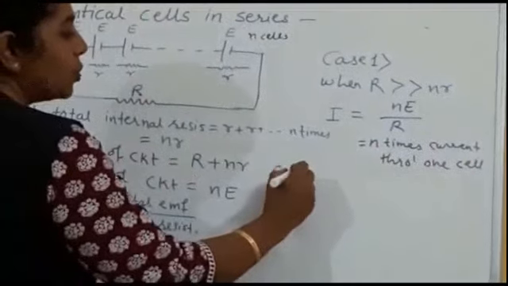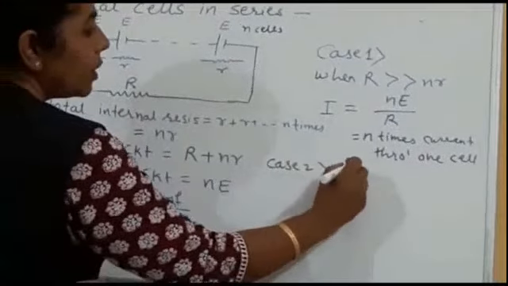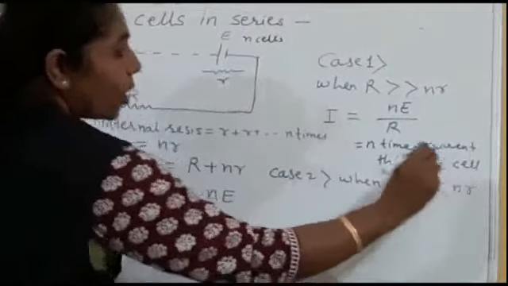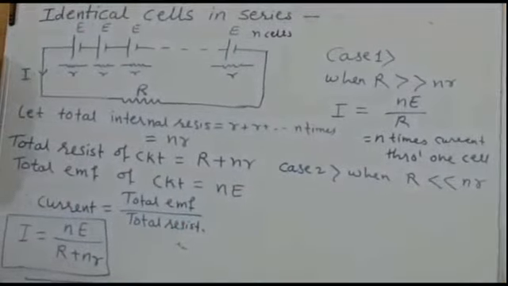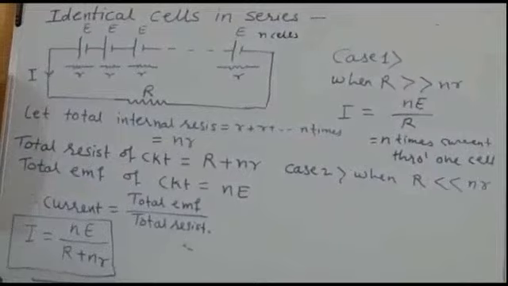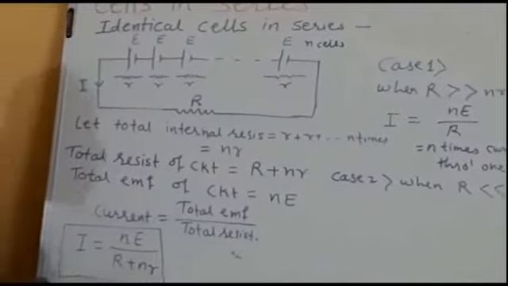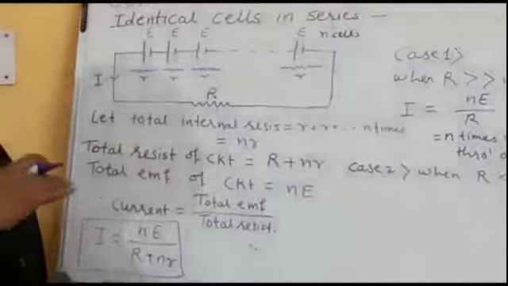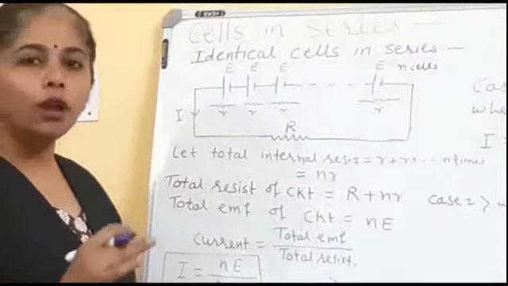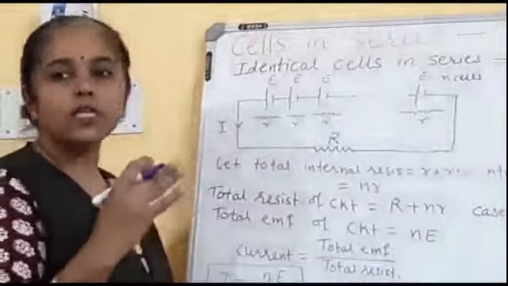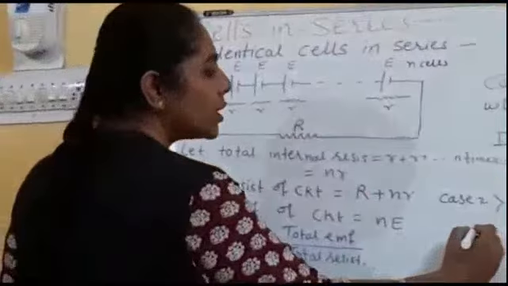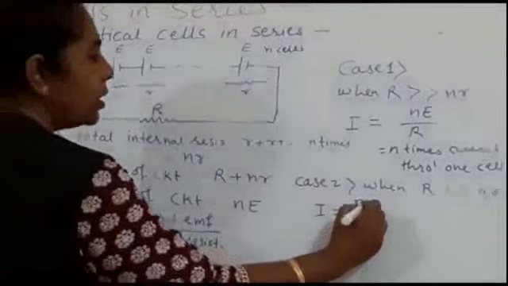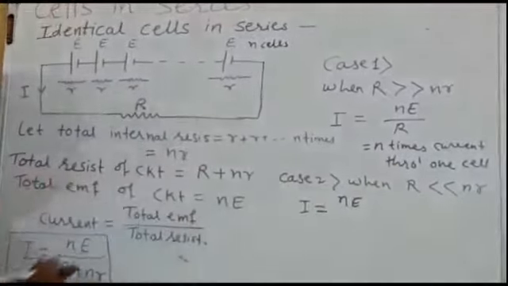Now case 2. When R is less than nr, what it shows? That the internal resistance is very high as compared to the external resistance. Means your cells are old ones. You have prepared and used them for a long time. So then the resistance will increase. So in that case your current I will be nE upon, now you will neglect R here.